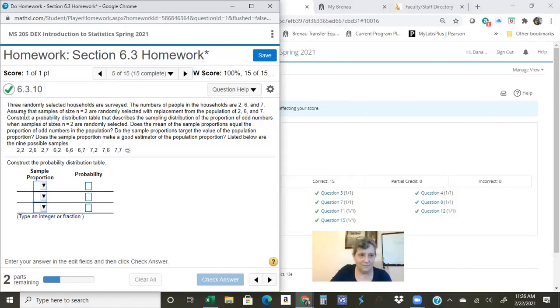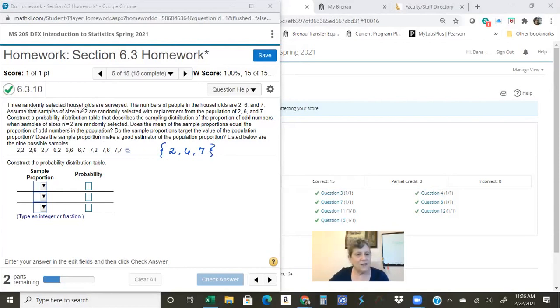It says 3 randomly selected households are surveyed. The number of people in the households are 2, 6, and 7. So our population here is the set of numbers 2, 6, and 7.